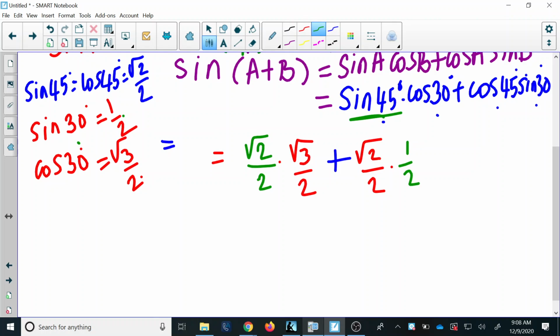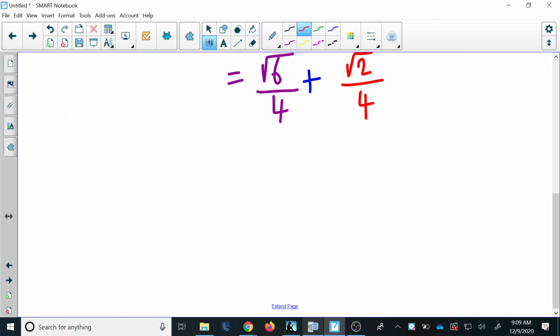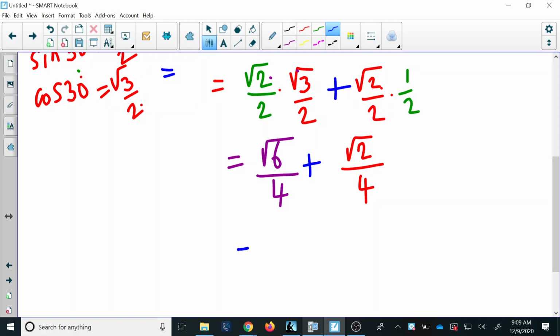What I'm going to do is multiply the tops. Square root of 2 times square root of 3 is square root of 6, over 2 times 2, which is 4. In the same way, square root of 2 times 1 is square root of 2, and 2 times 2 is 4. The denominators are the same, so we can simply put the 4 at the bottom: square root of 6 plus square root of 2.